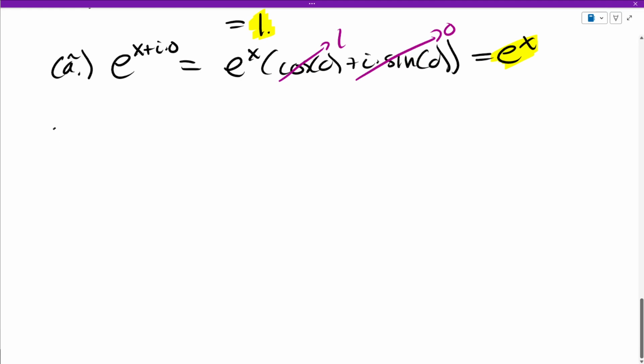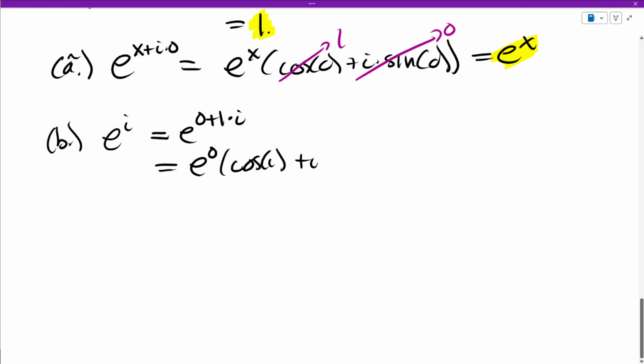Let's try another example. We're going to compute e to the i. Just to be clear about real and imaginary parts, it's e to the 0 plus 1i. So that's going to be e to the 0 times cosine of 1 plus i times sine of 1. Now, e to the 0 is a 1. Cosine of 1 and sine of 1 don't really get much better.